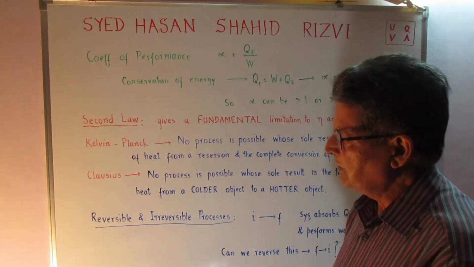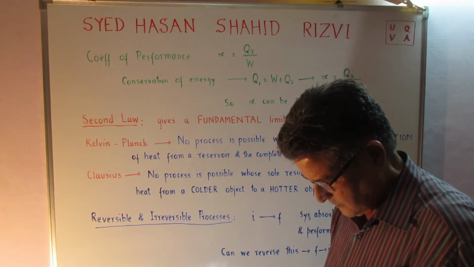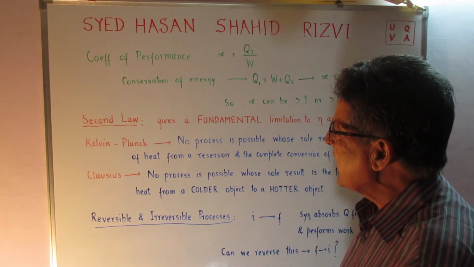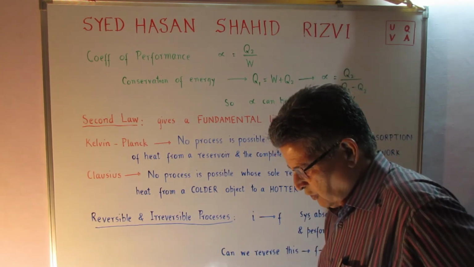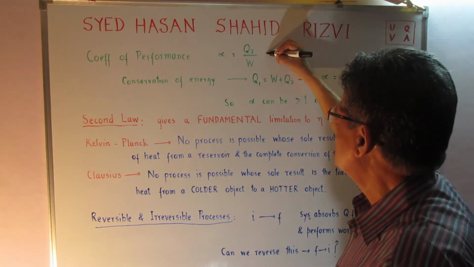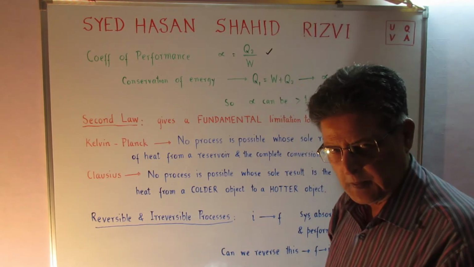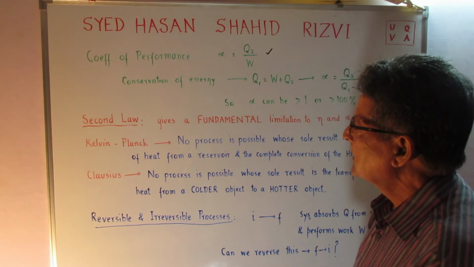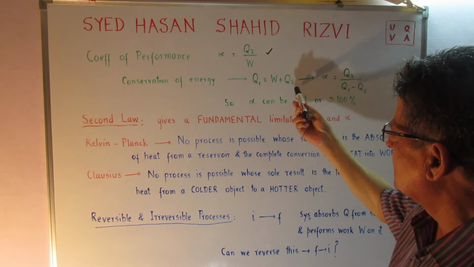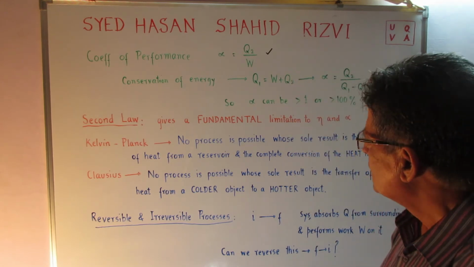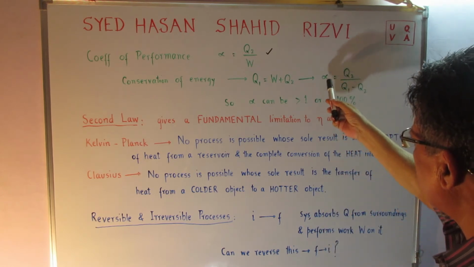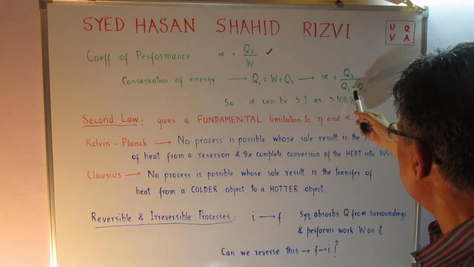So for refrigerators and AC, the coefficient of performance is defined as Q2 divided by W. And the conservation of energy says that Q1 must be equal to W plus Q2. So if I substitute that, then the coefficient of performance of the fridge, alpha, is Q2 divided by Q1 minus Q2.